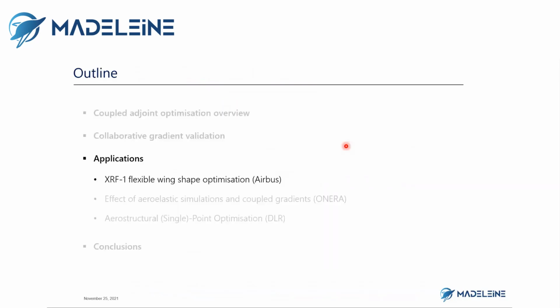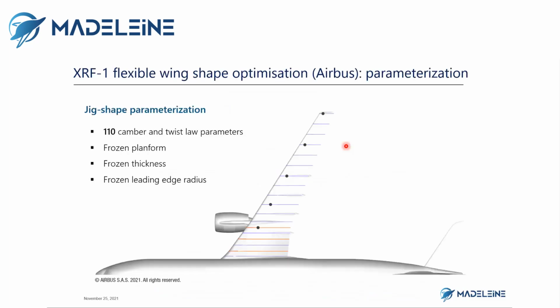Okay, so now let's jump to applications. First, we'll start with the application performed by Airbus: multi-point flexible wing shape optimization of the full XRF1 configuration. First, a word on the parameterization. Here we are actually working on the jig shape of the aircraft.